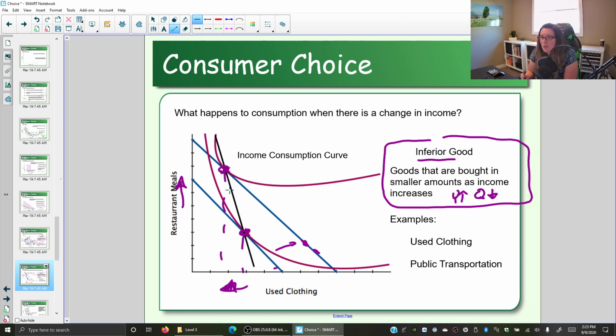Generics, used clothing are other examples of inferior goods. So really what we're looking at is as we change income, what happens to what you're willing to buy? That's the indifference curves. What happens to what you are able to buy? That's the budget line. So when we make decisions, we look at what we're willing and able to get.